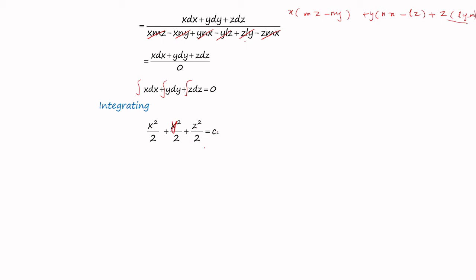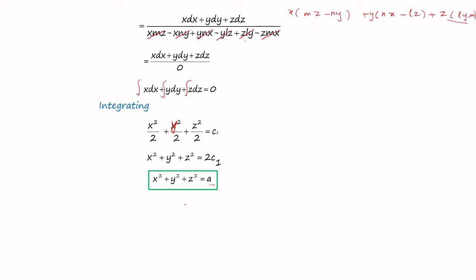Now we take this to be some constant c1, and the 2 is taken to the other side because all the terms have 2. So x squared plus y squared plus z squared is equal to 2c1. You take that to be another constant, a. So x squared plus y squared plus z squared is equal to a, which is our one independent solution.